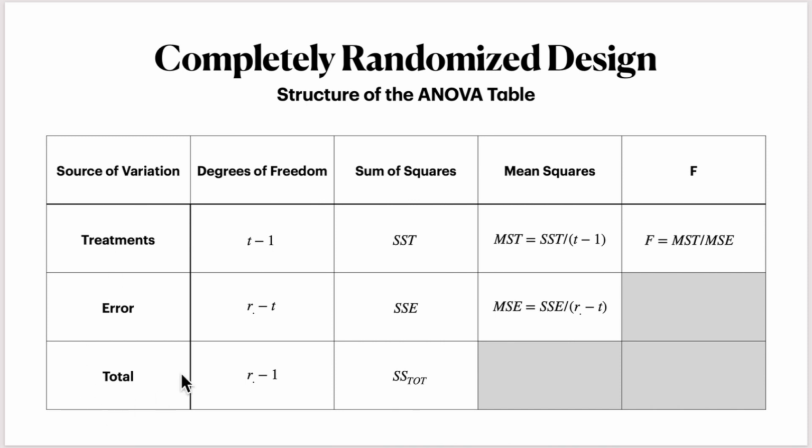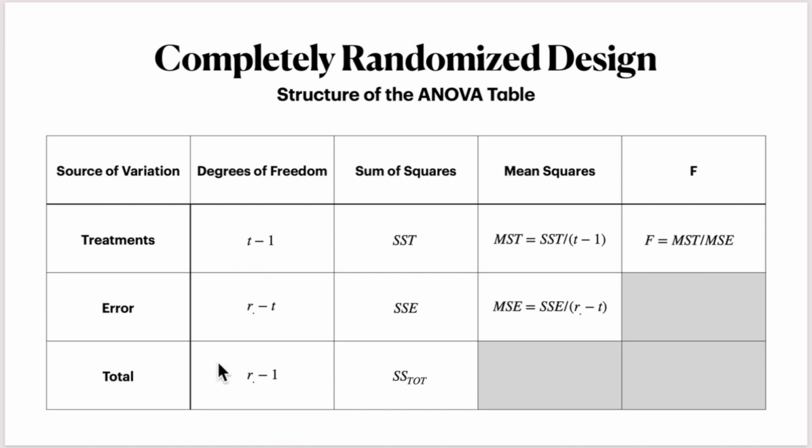We have the total variability, and we partition that into two components: the variability due to treatments and the variability that remains, the variability in the total that is unaccounted for by the treatments. Now, associated with each of those sources of variation, there is a number of degrees of freedom. Recalling that T is the number of treatments being used in the experiment, the number of degrees of freedom associated with treatments is T minus 1.